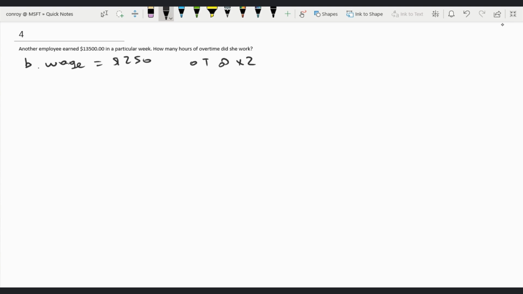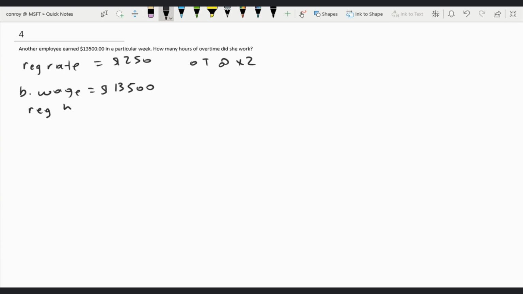Basic wage. Alright. After this, 250 would represent our regular rate. Total salary now is the 13,500.